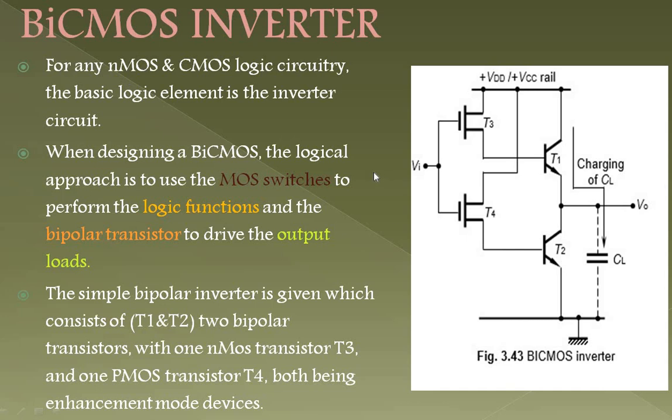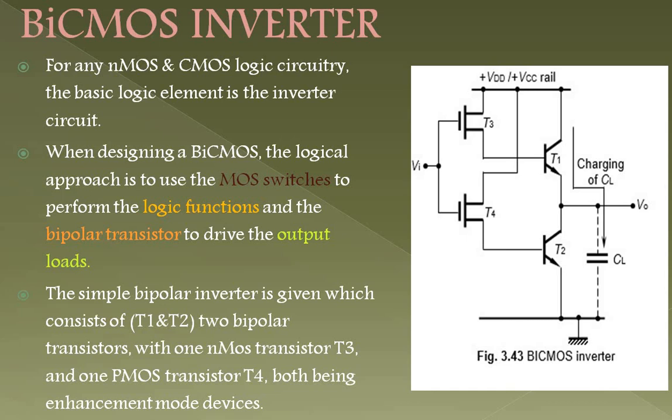A combination of MOS switches and bipolar transistors is called a BiCMOS inverter. Here your MOS switches are used for getting your logical functions, and bipolar transistors are used to drive the output voltages.